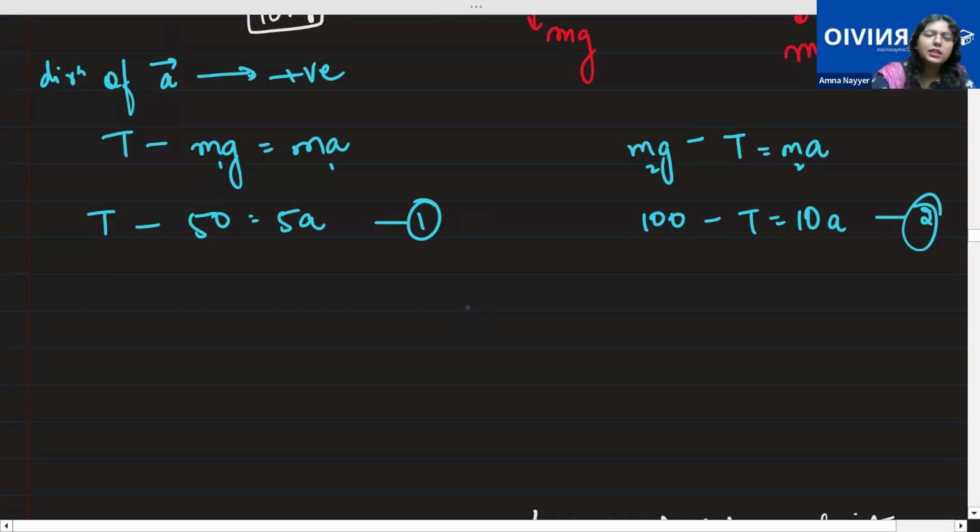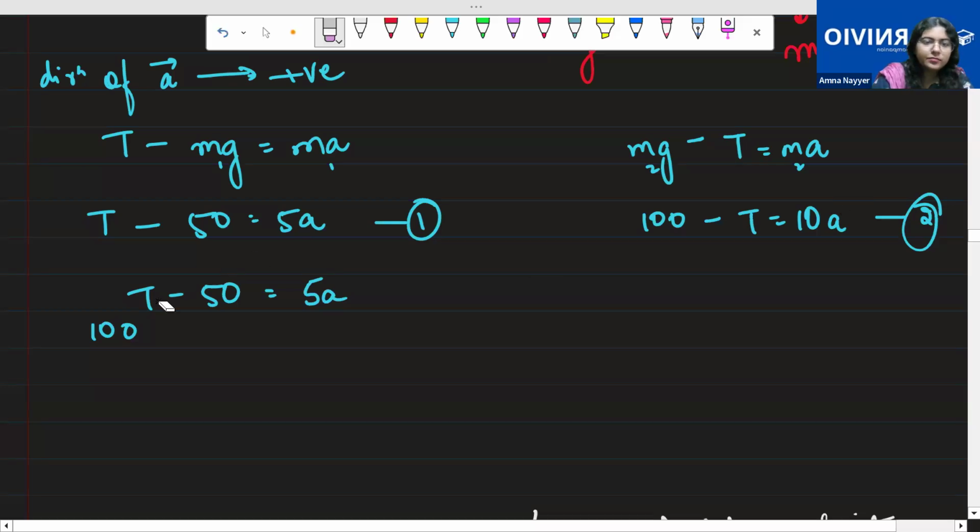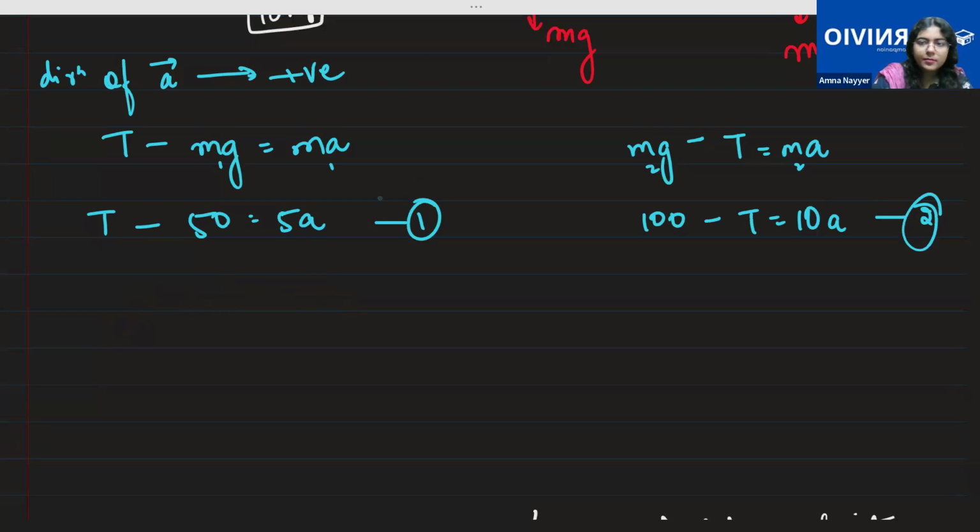Now, first let us calculate the normal acceleration the way we have studied in the laws of motion chapter. So this will be T minus 50 is equal to 5A, and this is 100 minus T is equal to 10A.